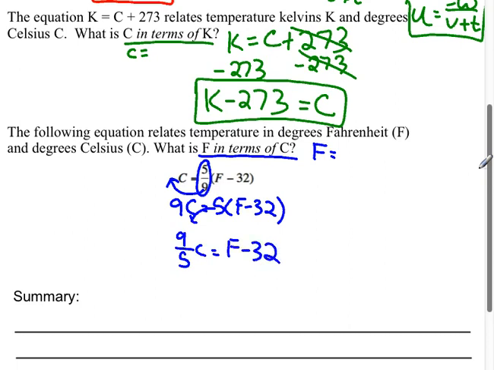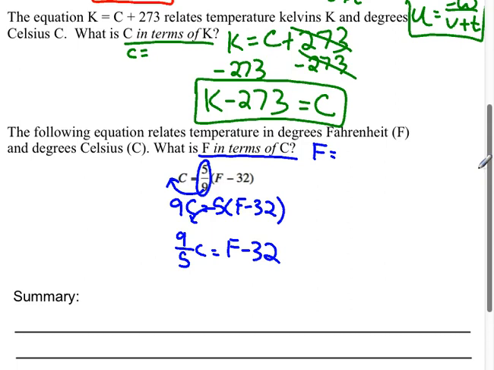Okay, so I undid the multiplication and division that were there. Now, some of you that remember your mathematical vocabulary, if you notice, I did just kind of use the reciprocal. 5/9, its reciprocal is 9/5. So if you think of it that way, that is another way that you could do this, okay? Right now, I think this is probably easier thinking of multiplying the 9 up, dividing by the 5.